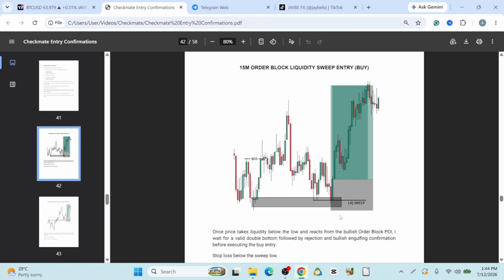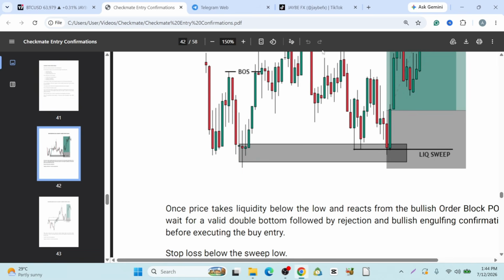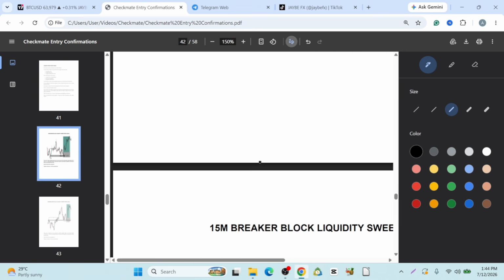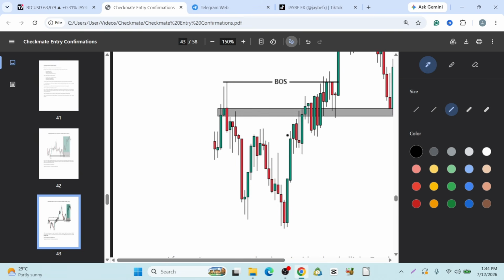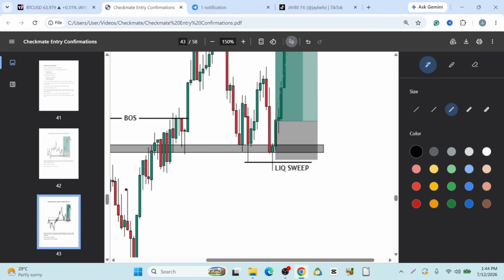We must sweep the low, either of the swing or the candle low, like I said. And this is for the buy trend. So we can sweep any liquidity from this spot, so we use the low right here.